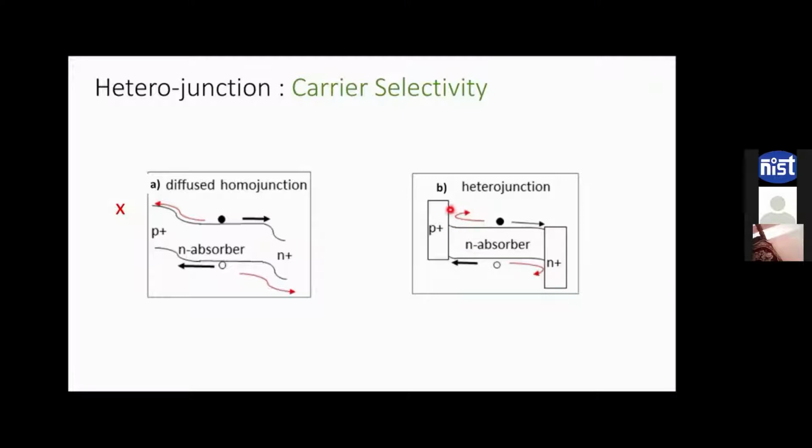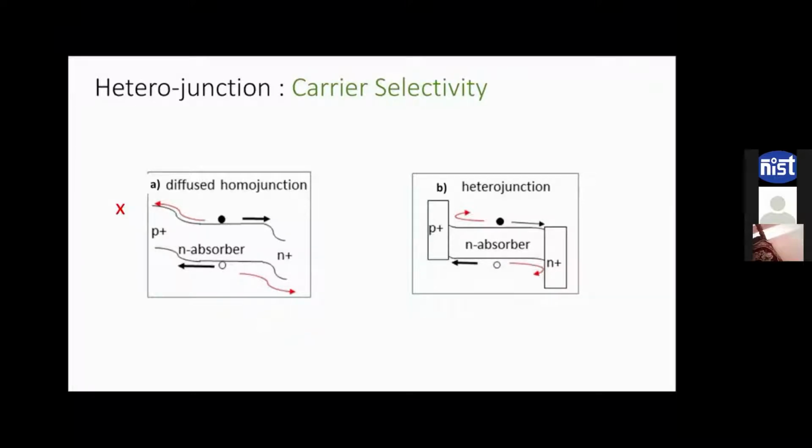Depending on the value of this conduction band offset, this electron sees a very high potential barrier for its travel to the wrong side. Similarly, depending on the valence band offset, if this hole diffuses towards this wrong contact side, that means towards the electron transport side, this hole sees a very high valence band offset. Therefore, the probability that this hole will cross this barrier is very, very low if you compare this with the probability in the homojunction.